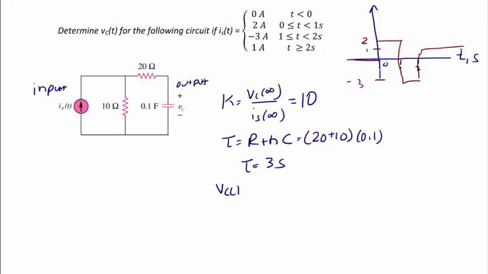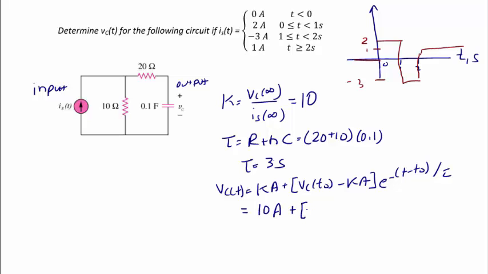And VC of t is equal to K A plus VC of t naught minus K A e to the negative t minus t naught over tau. So substituting in the values we found for K and tau, we have 10A plus VC of t naught minus 10A e to the negative t minus t naught over 3.